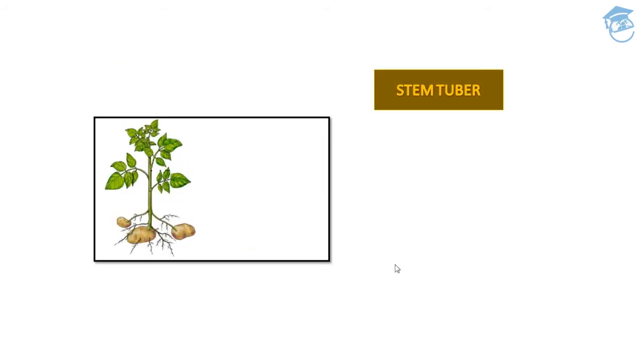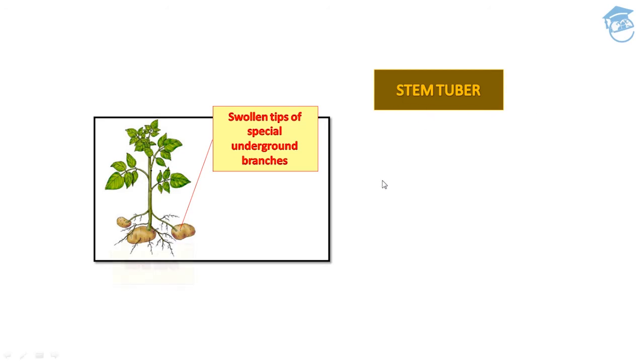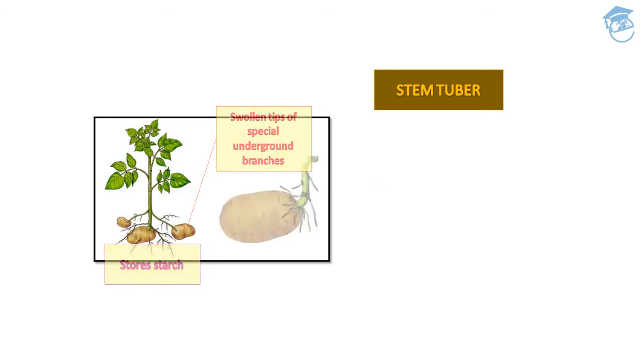This is stem tuber, students. Swollen tips of special underground branches. See, these are the swollen portions of the underground branches. That means a stem got modified into a stem tuber that stores starch. A common example of stem tuber is potato.